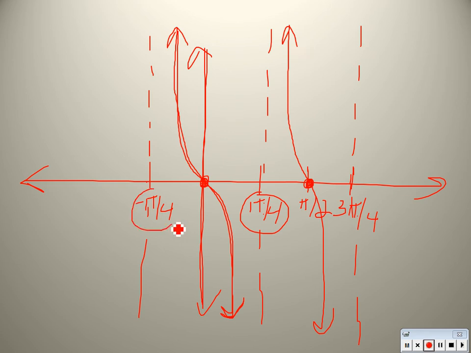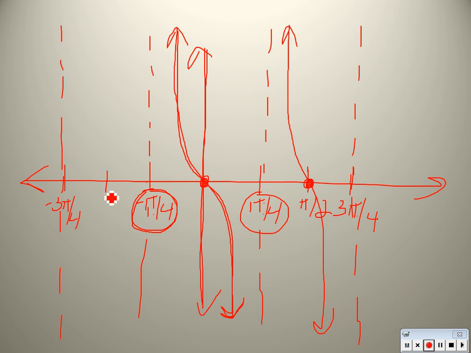If I went to the left at negative pi over 4 to draw another cycle, I would take negative pi over 4 and subtract pi over 2 to get negative 3 pi over 4, and I'd have a vertical asymptote there.